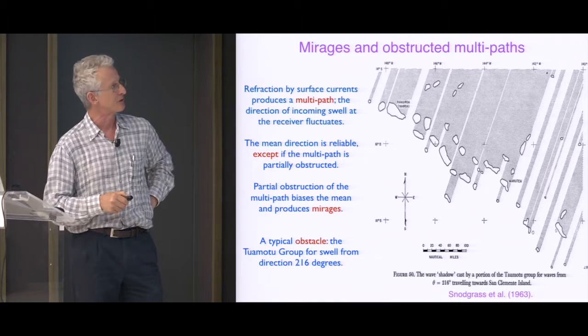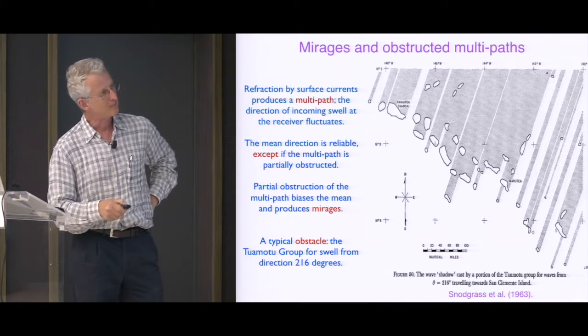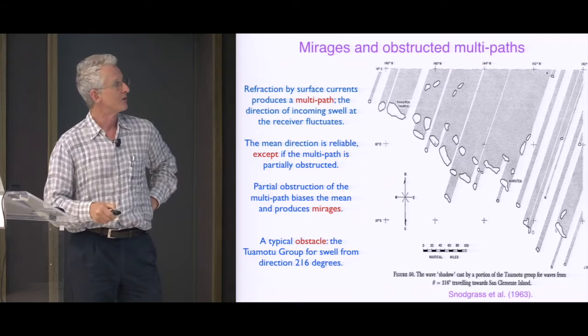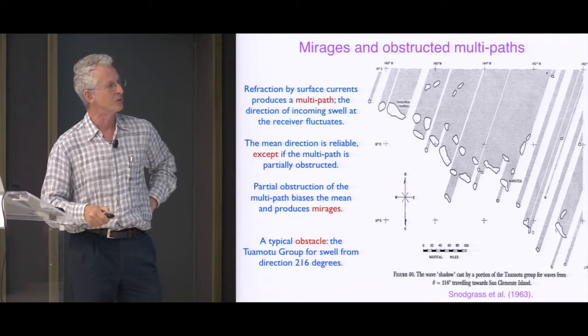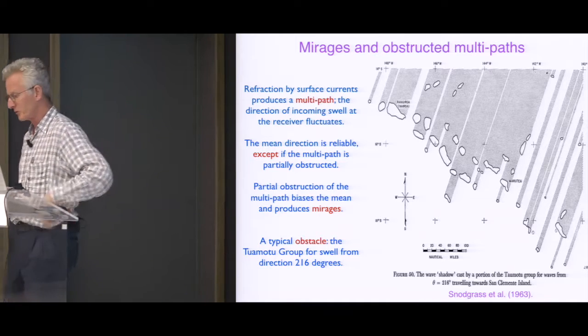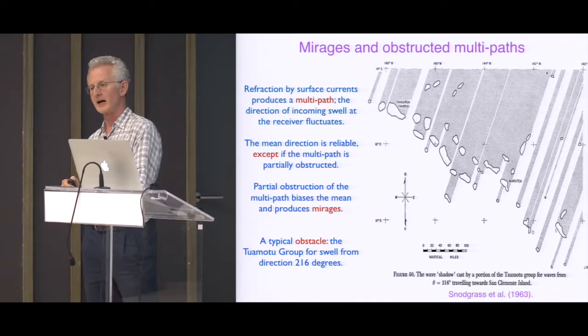The mean direction is reliable, except if the multipath is partially blocked by, say, an obstacle like the Tuamoto group, okay? So then partial obstruction of the multipath would explain why, first of all, you even see a signal at all at the receiver when Tuamoto is in the way.